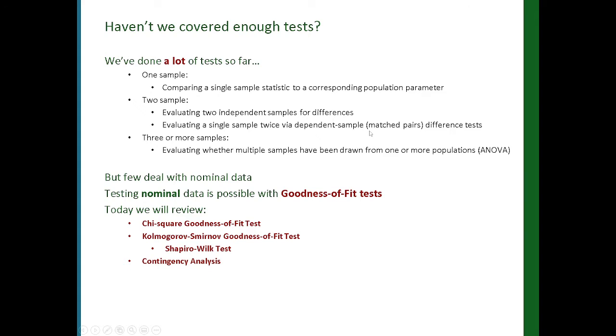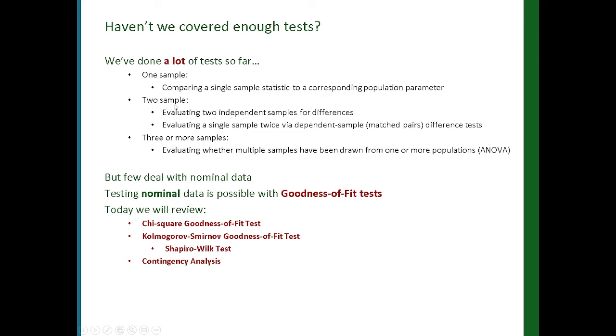Okay, this is where we did the matched pairs tests. Or more recently, what we focused on are those 3 or more sample tests, where we've been covering analysis of variance and attempting to estimate whether at least one of those samples has come from a different population. Okay, so nominal data, as I just explained, we have problems with this.